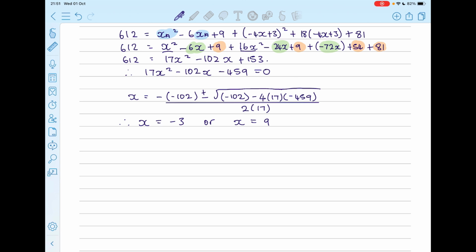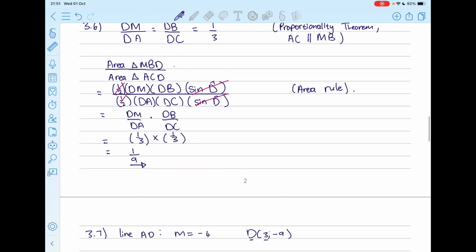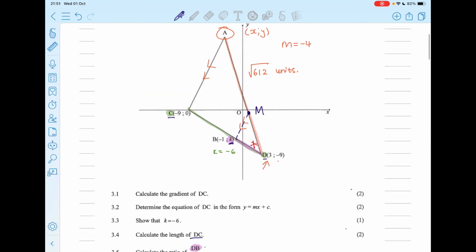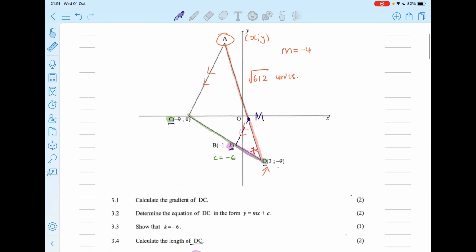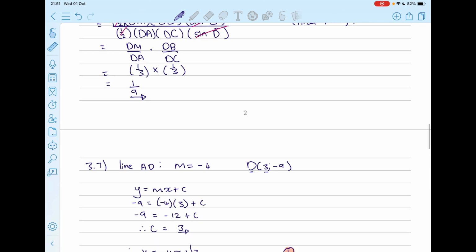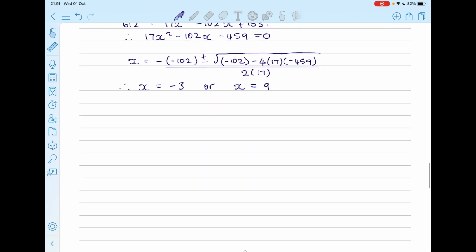Okay, so now we have our two x values. We now need to see which one matches, because we remember we're looking at point A. Point A is in the second quadrant over here, so it makes sense that x would be a negative value. So it cannot be 9, right? Can't be 9.